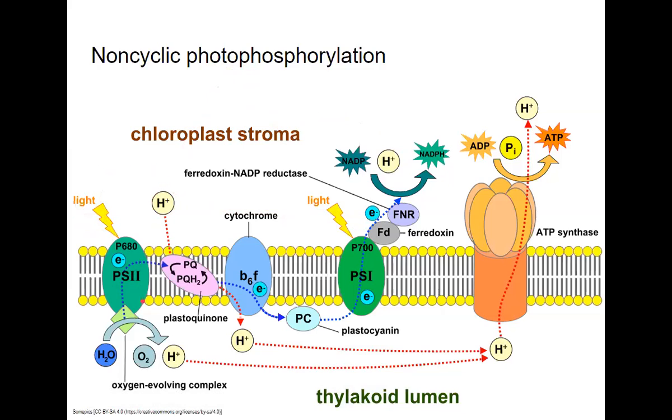It's coming in, hitting photosystem 2, hitting photosystem 1. So there's the photo part. And then the phosphorylation is this part. We are phosphorylating ADP into ATP. So that's this whole process that we're seeing, non-cyclic photophosphorylation.